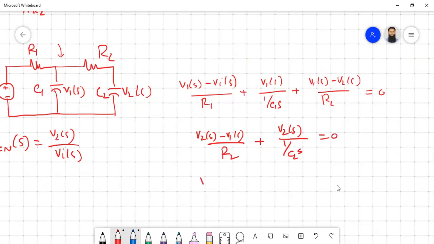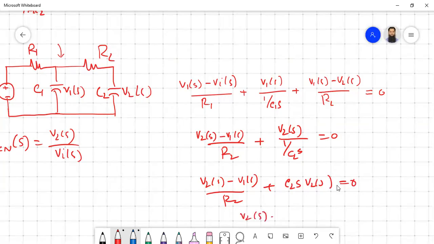Now we can multiply with R2. So V2(s) minus V1(s) plus R2 C2 s V2(s) equals 0.